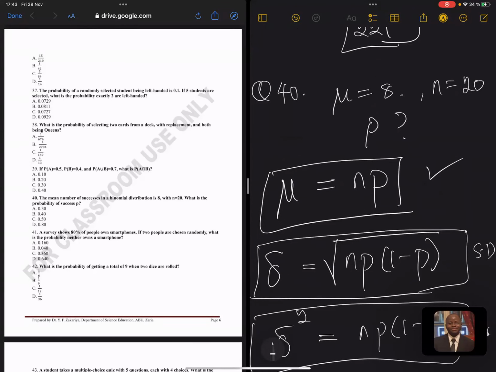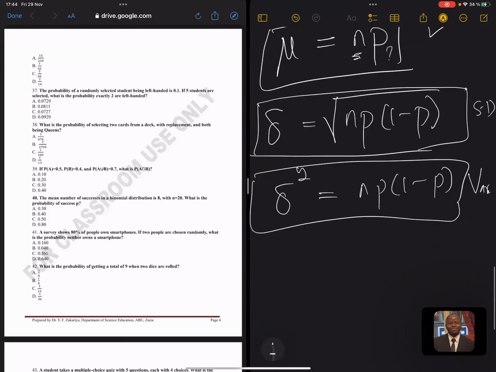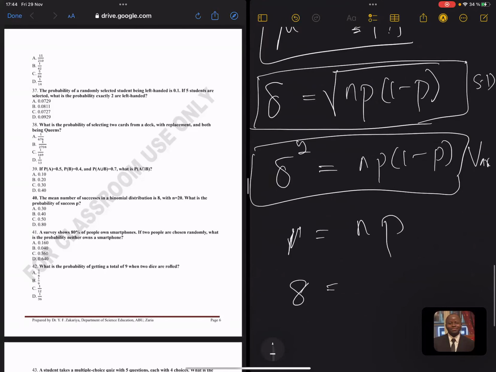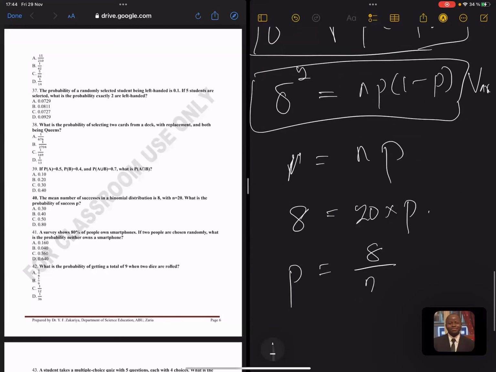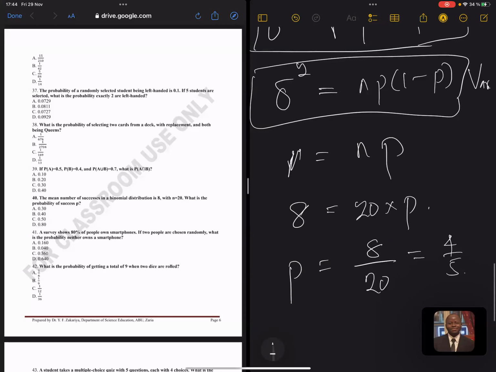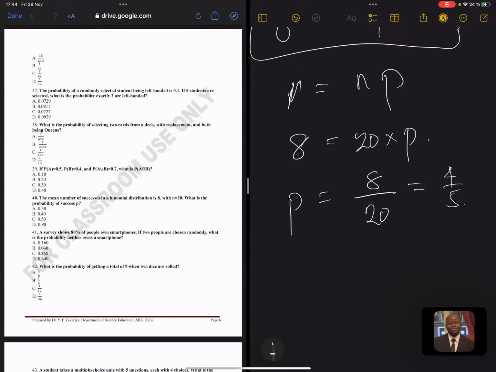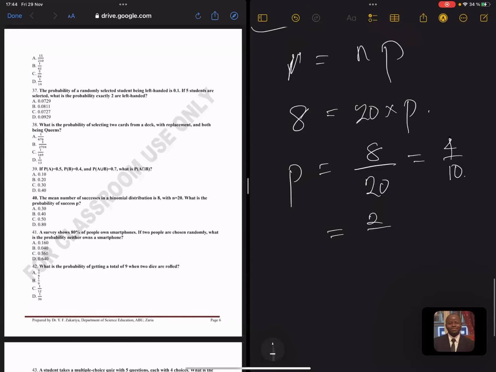So this question is about the mean. You are given the mean to be 8, and you are given n to be 20. You are looking for p. Using your formula, mu is np. Your mu is 8, multiplied by p. That means p equals 8 over 20, which is 4 over 10, and then 2 over 5.